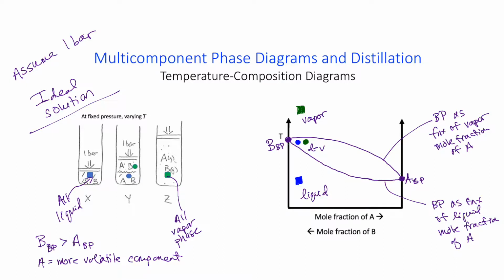Okay, so now that we've set up our temperature composition diagram for a sample mixture of component A and B, we can see how we can utilize these types of figures.